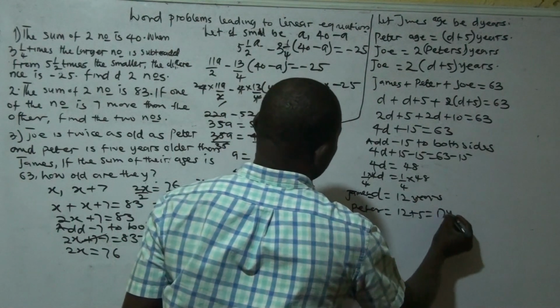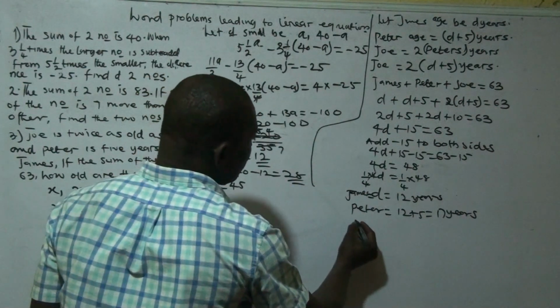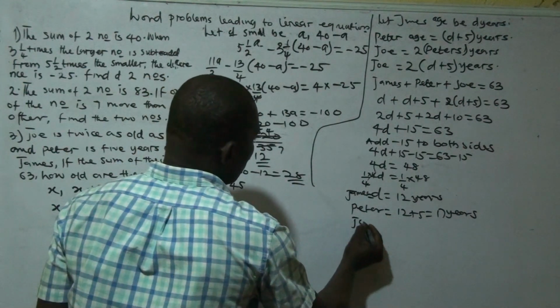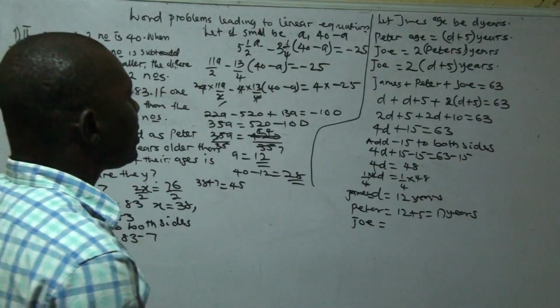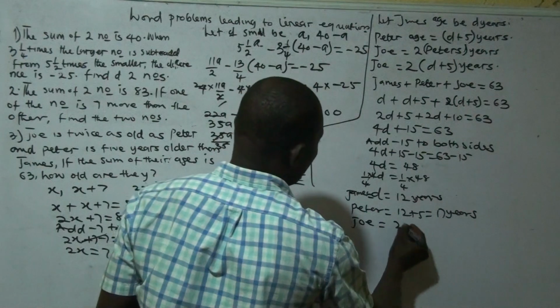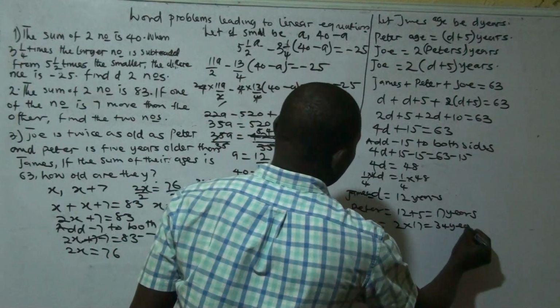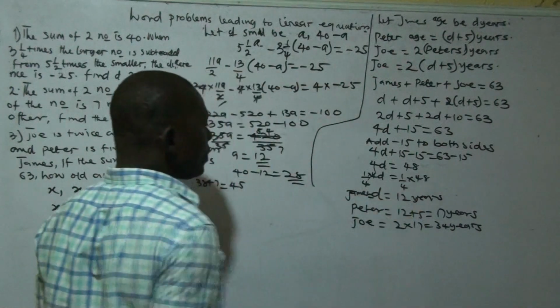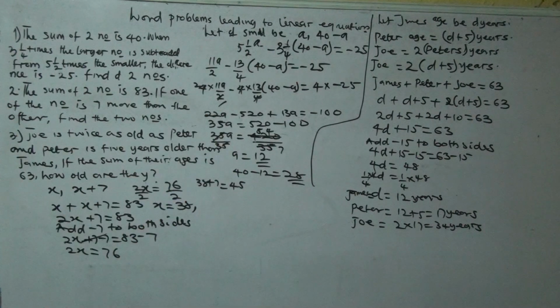That will give us 17 years. Then next is Joel. Joel is 2 times Peter's age. That means 2 times 17. That will give us 34 years. So if you add all of them together now, you see that eventually we're going to arrive at 63.